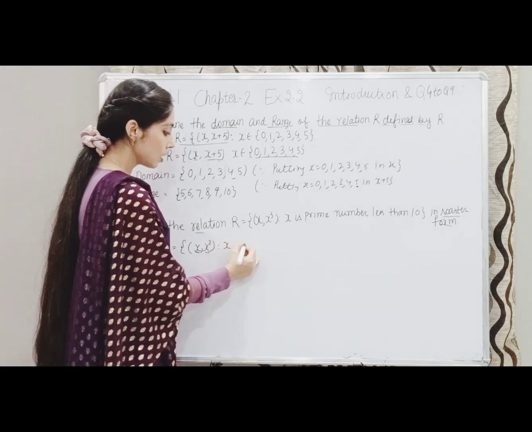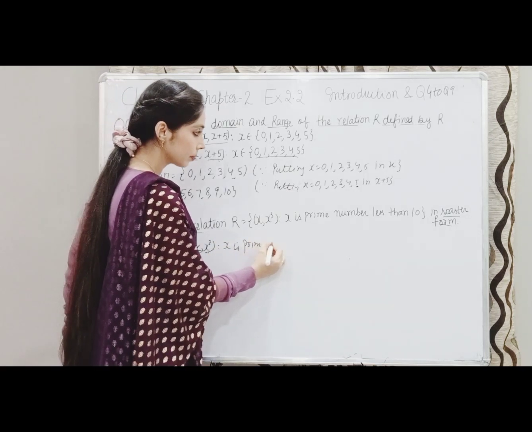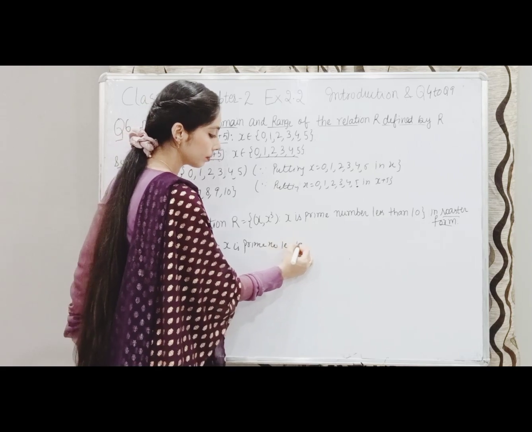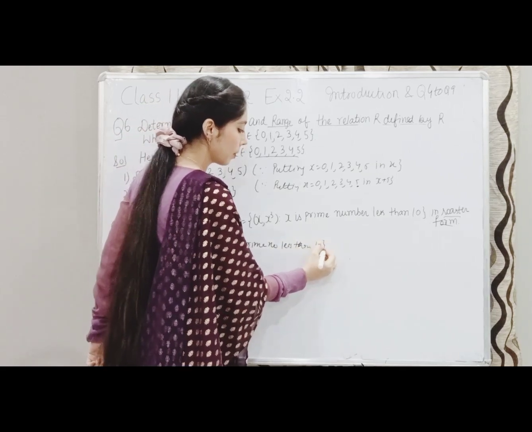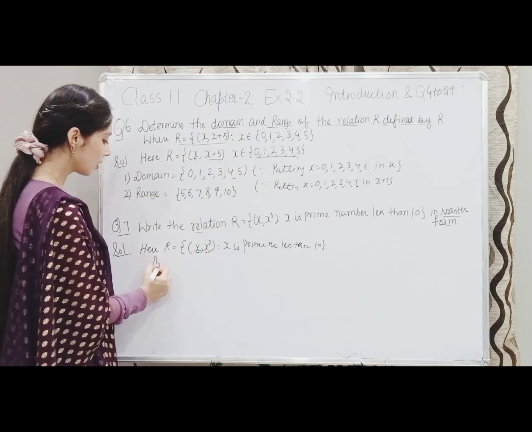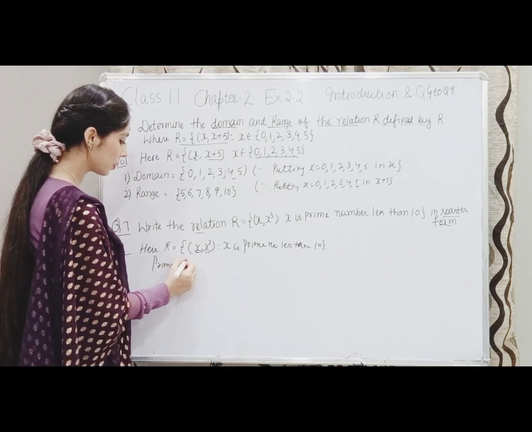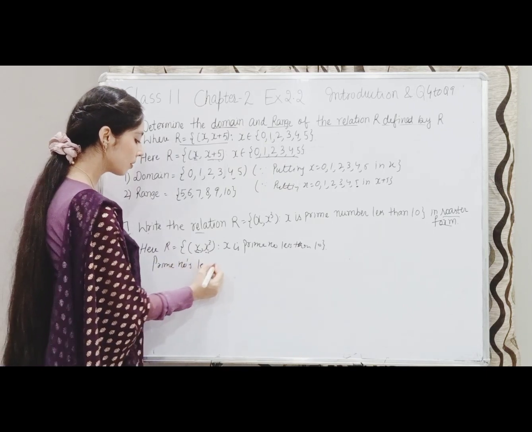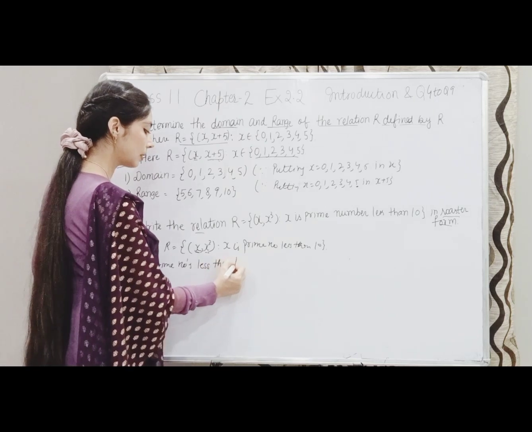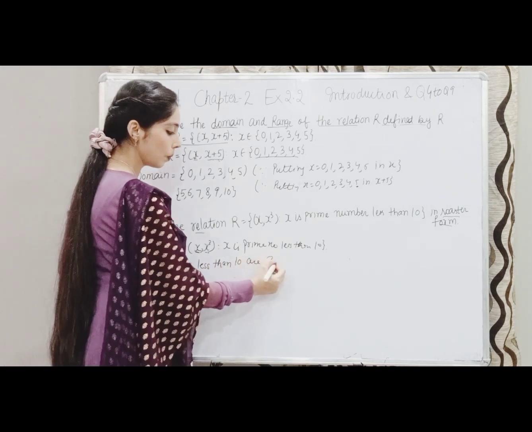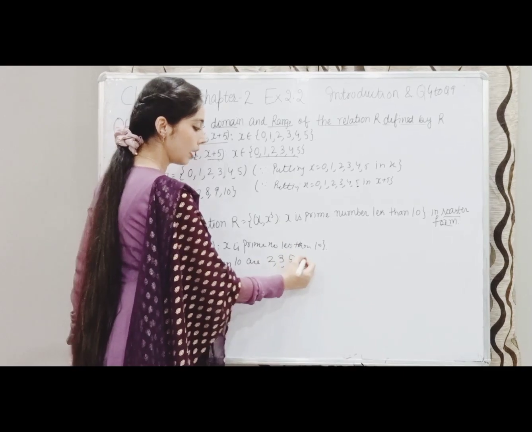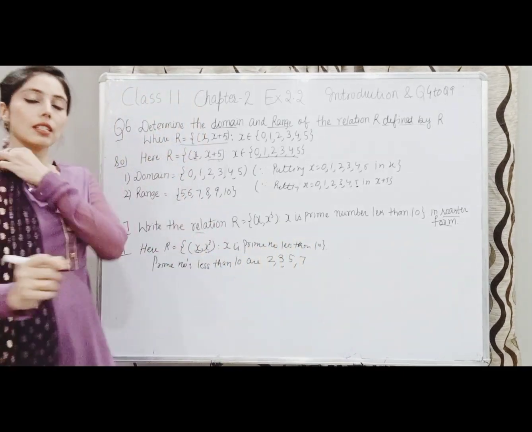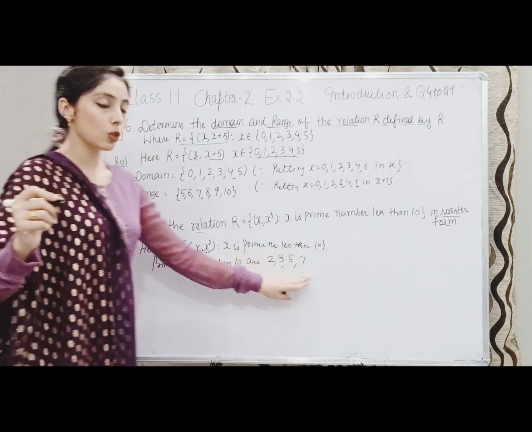Where x is a prime number less than 10. So prime numbers less than 10 are 2, 3, 5 and 7. So these are the values of x.